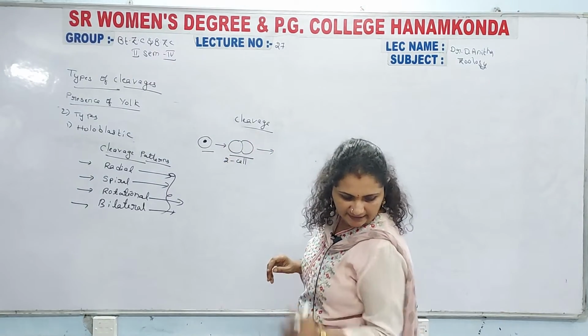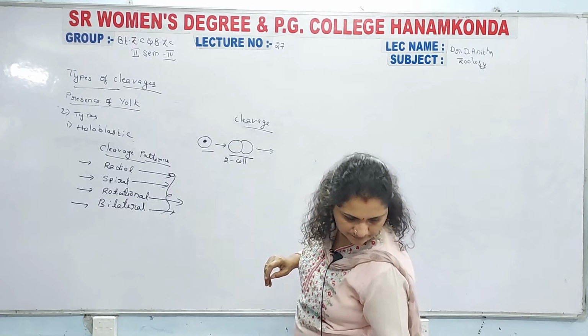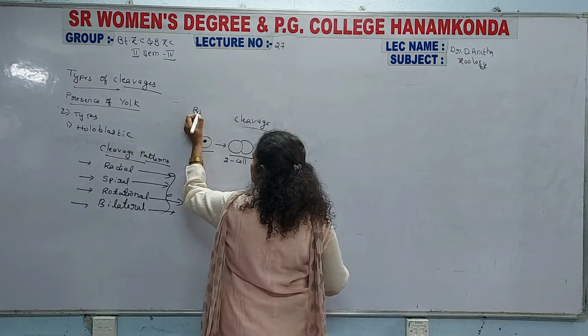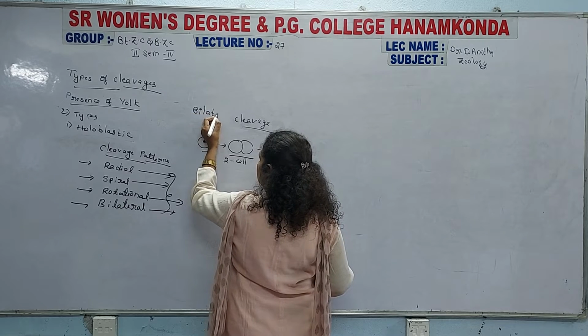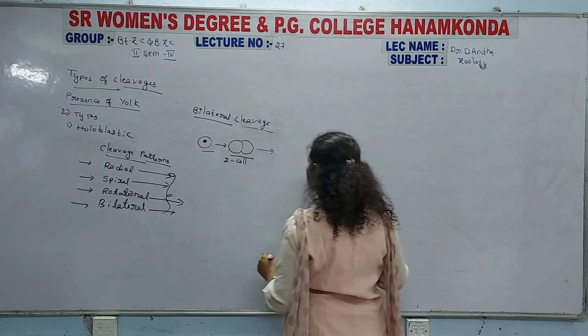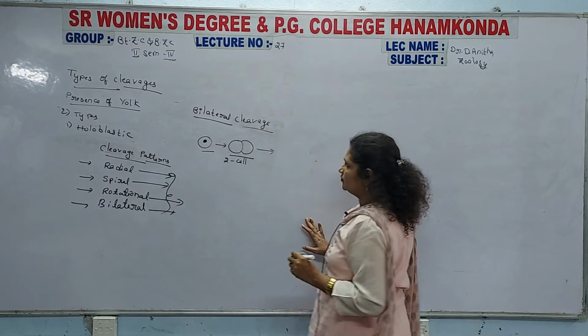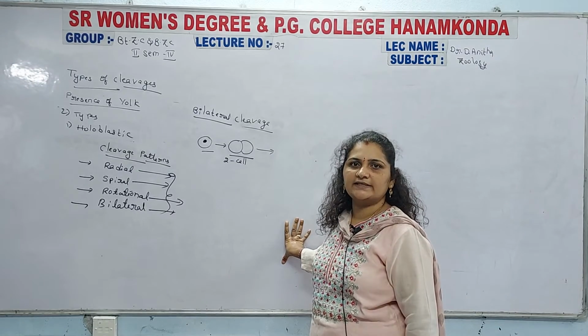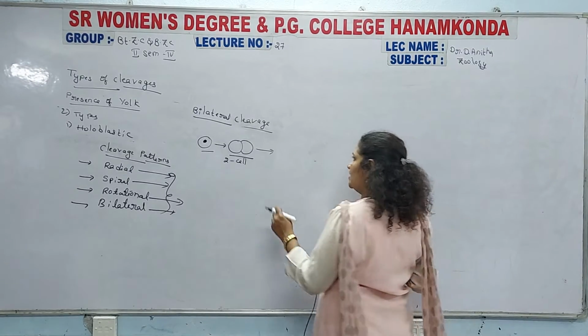Now the bilateral cleavage. In this, the first division occurred vertically and the second division occurred horizontally.